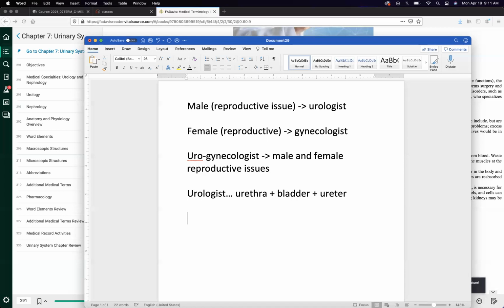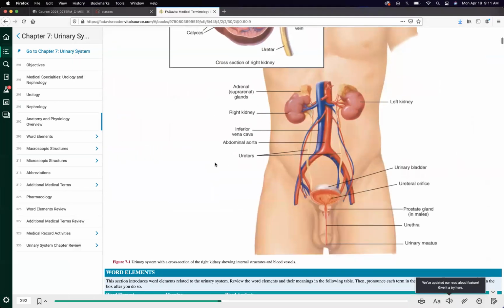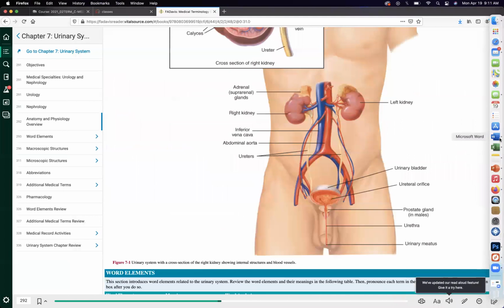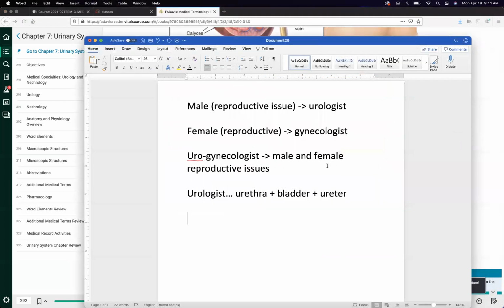Now, anything after, if that problem that we just saw here goes all the way up to the kidney, then we have to call this guy or gal. If it's a kidney issue, that is the nephrologist. And nephro, that's kidney.